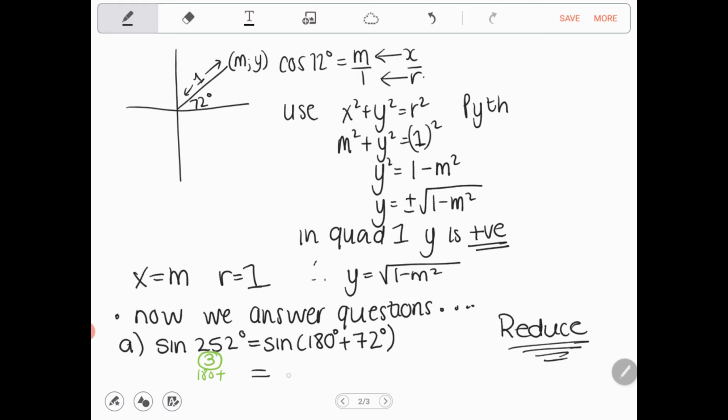So now it's negative sine of 72, exactly like we're doing with the numerical examples. And we know that sine is y over r, so it's going to be negative m over 1, which is negative m.